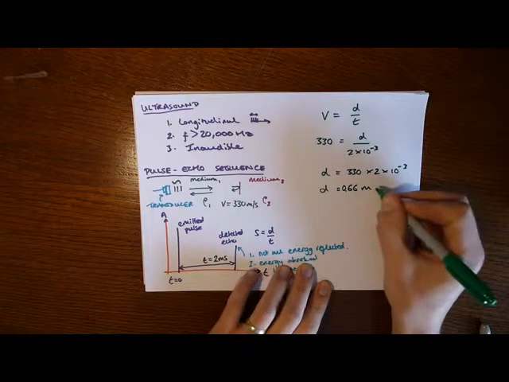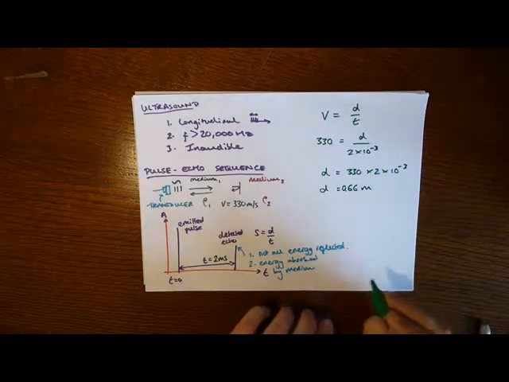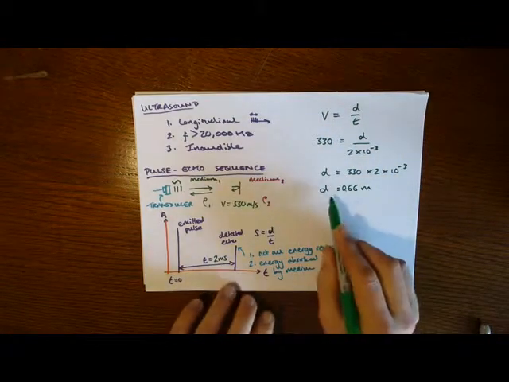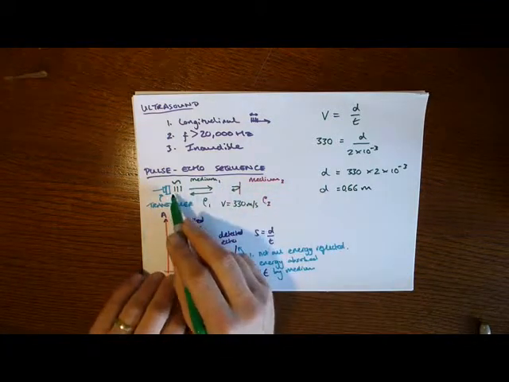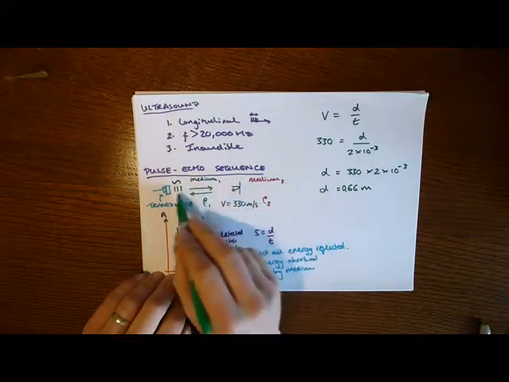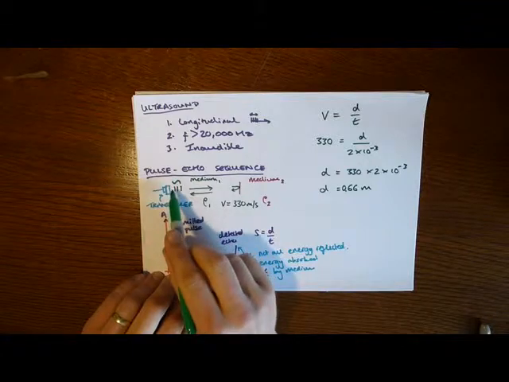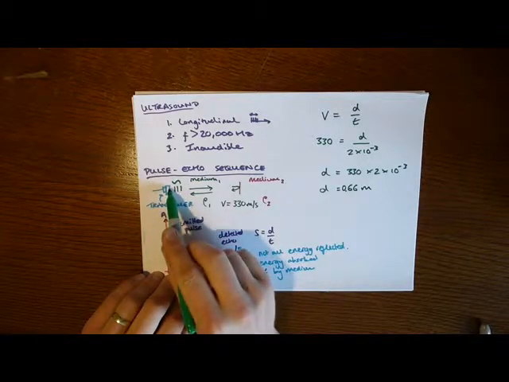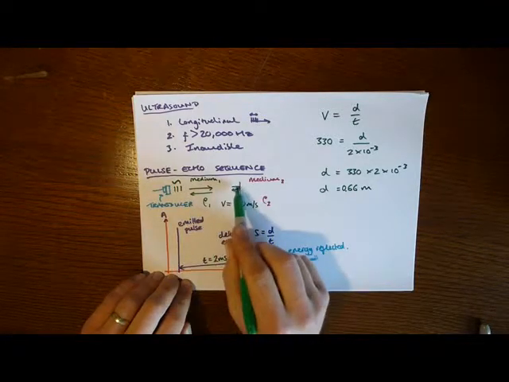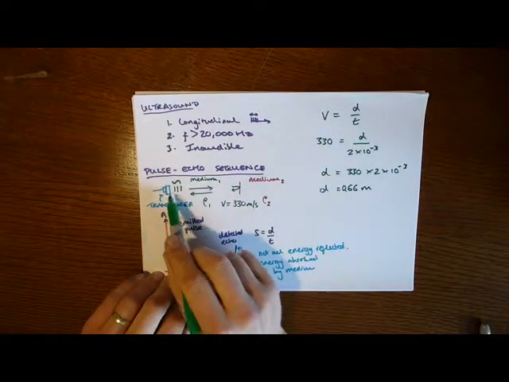0.66 meters. Now that's not our final answer, because that distance is the distance that the sound wave has travelled there and back, because we've timed it for the timing as it exits, as it's emitted, reflected, and then returns.